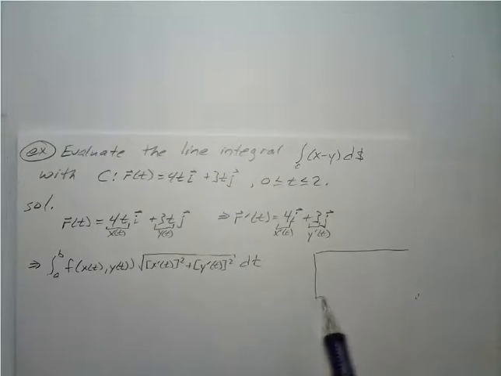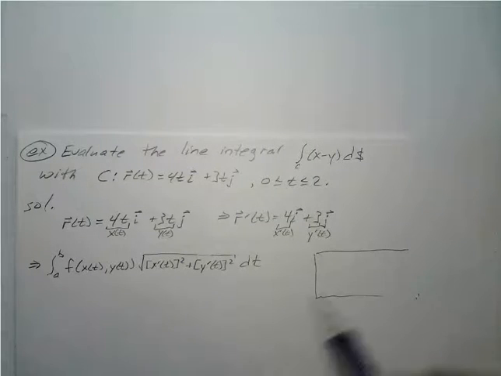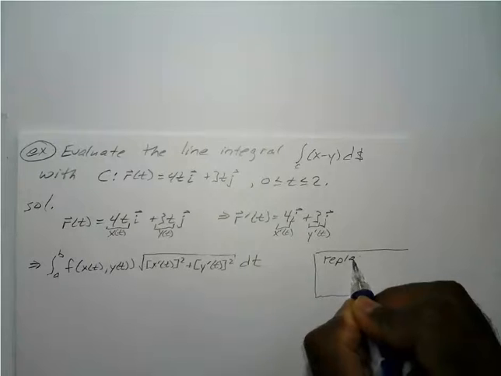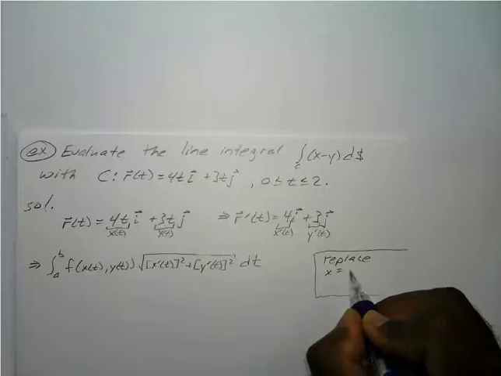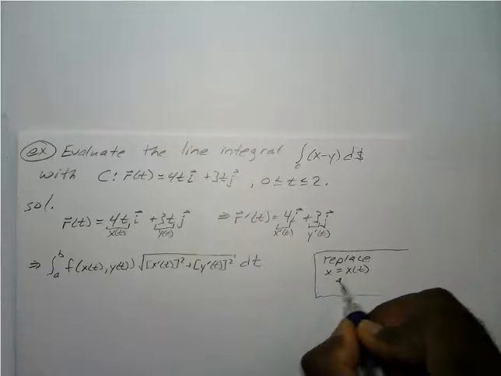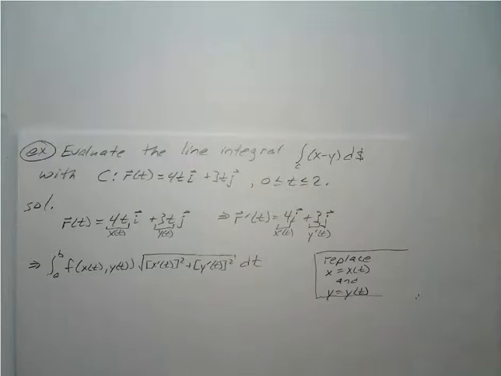Okay, so what are you going to do? Well, of course, because you're looking for your function with respect to t, you're going to replace x with x of t and y with your y of t.